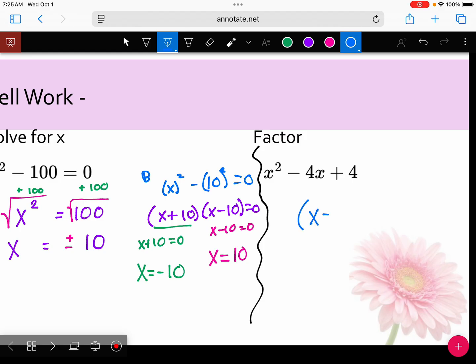Yeah. We should have gotten x minus 2 and x minus 2. It's actually another way I can write that. Because x minus 2 times x minus 2 is x minus 2 times itself, so this is the exact same thing as x minus 2 squared.